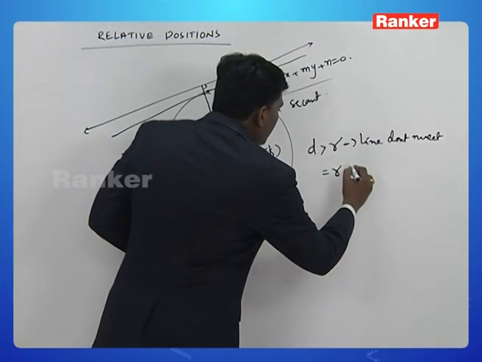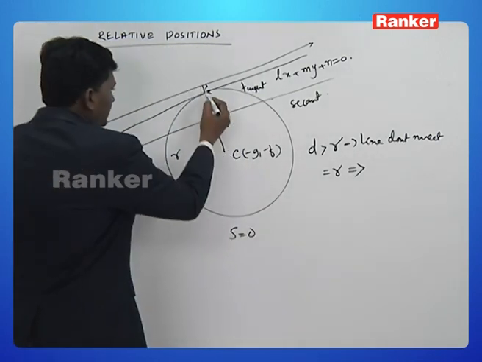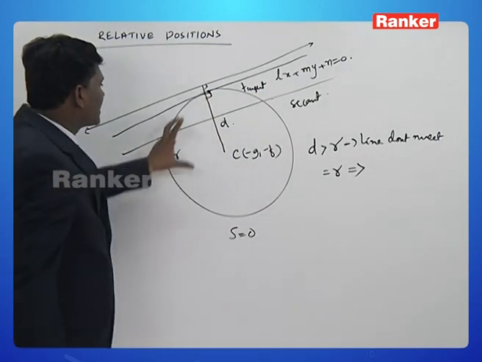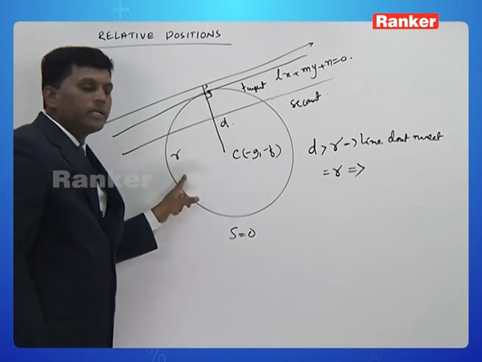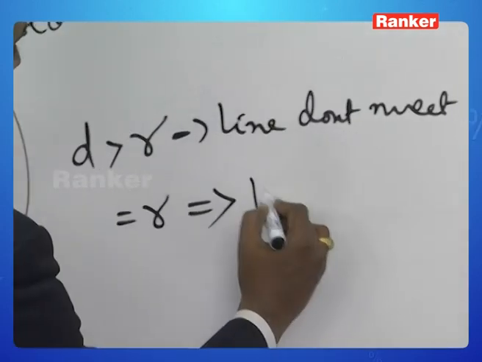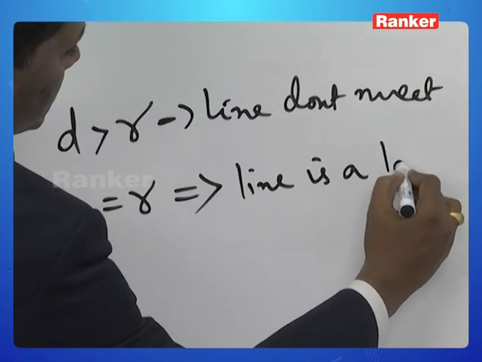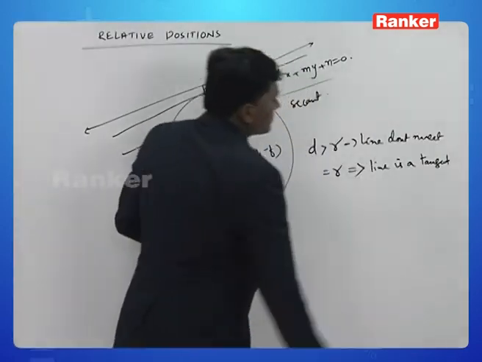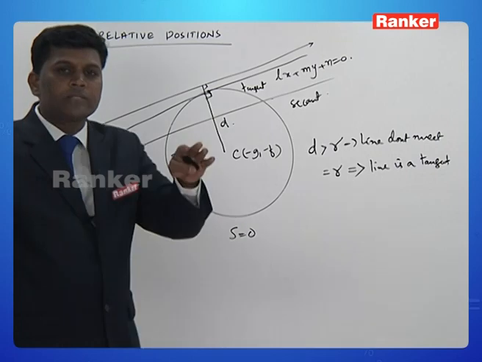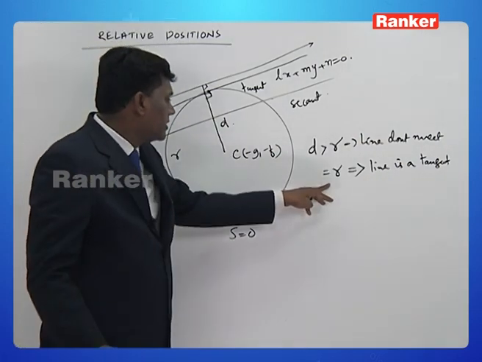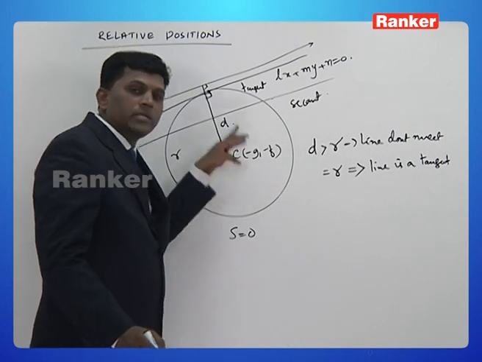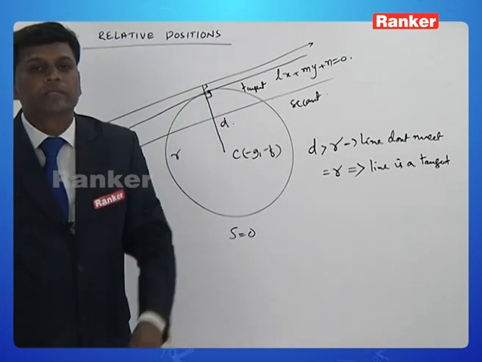Next, if d value equals to r, the second case arises. Exactly this d value equals to radius of the circle we are getting, in which case the line will become a tangent. So we can say that if a line is touching a circle, the necessary condition is, distance from center to that line is equal to radius of the circle.